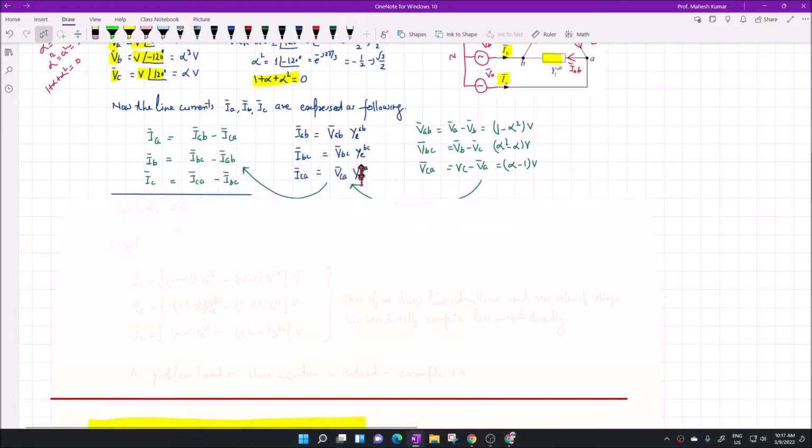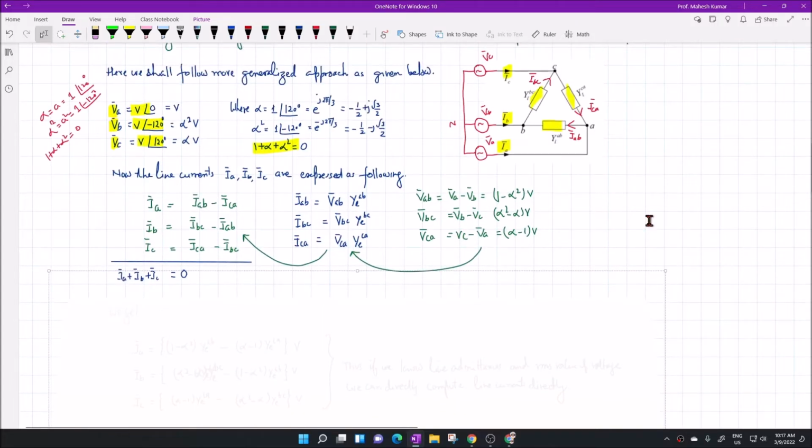Now how to compute line currents? Before we compute line current, we must know what are the line currents. So what is IA, what is IB, what is IC? Well, IA, IB, IC can be expressed in terms of the phase currents IAB, IBC, ICA. So what is IA? We will apply Kirchhoff current law at this point.